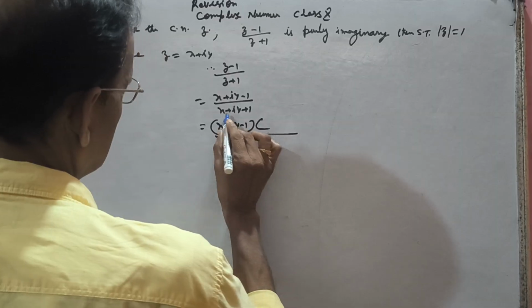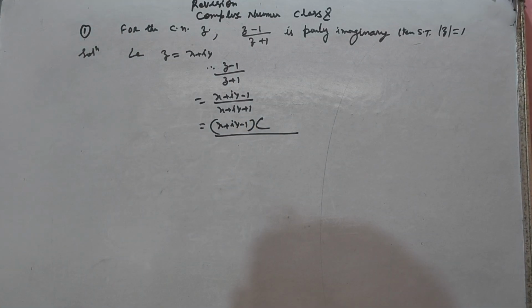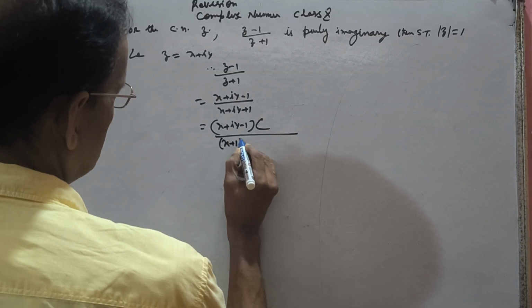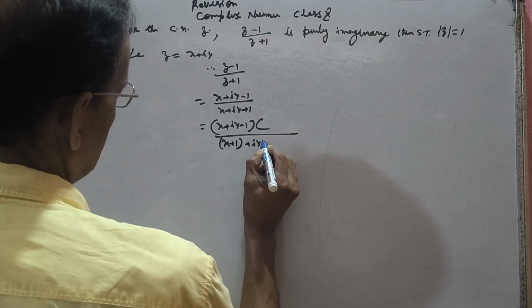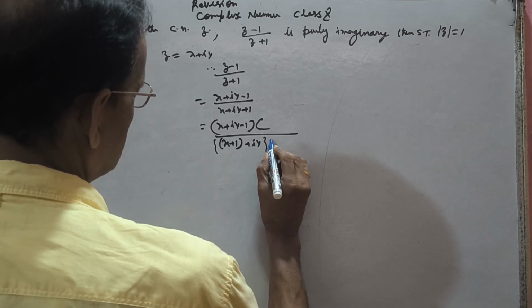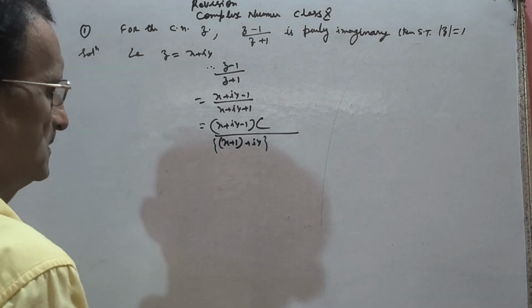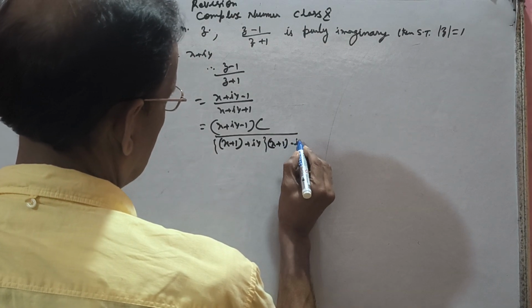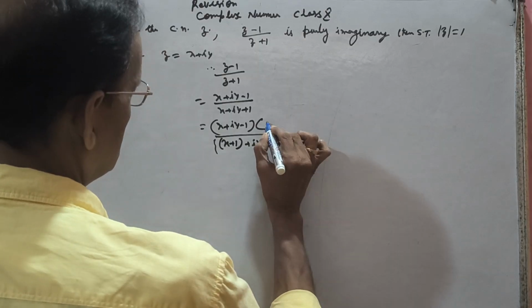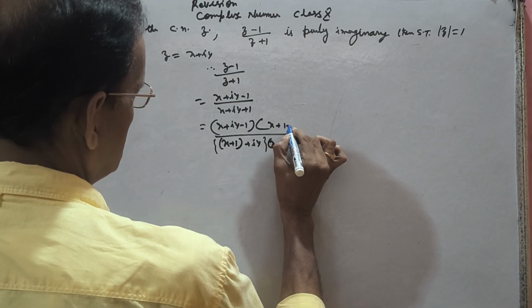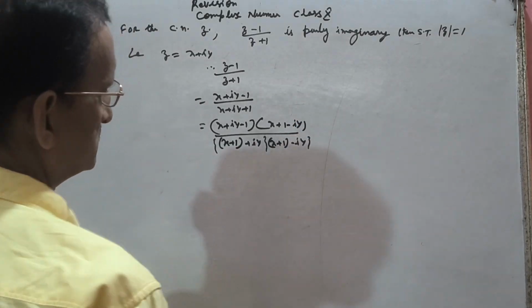First see the denominator. Express the denominator in terms of a plus ib. We will write x plus 1 plus iy. So this is to be multiplied, in order to make it real, by x plus 1 minus iy. Here also, but here the bracket you need not give. x plus 1 minus iy you can write.